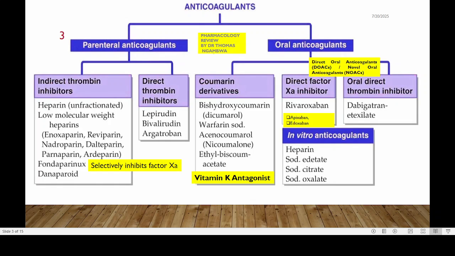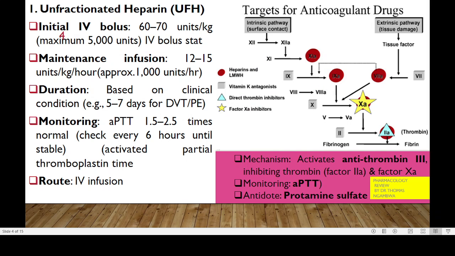We also have the direct thrombin inhibitors like lepirudin, which are the new drugs. Then we have the oral anticoagulants, starting with the traditional ones like vitamin K antagonists. And then we also have the new ones, the direct oral anticoagulants, the novel drugs, the new category.